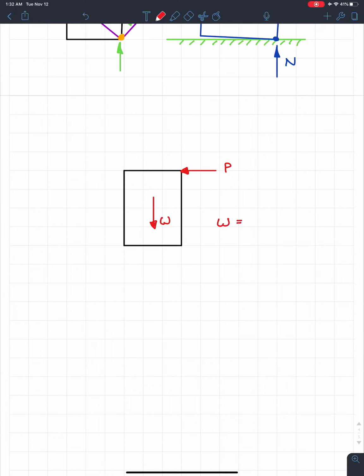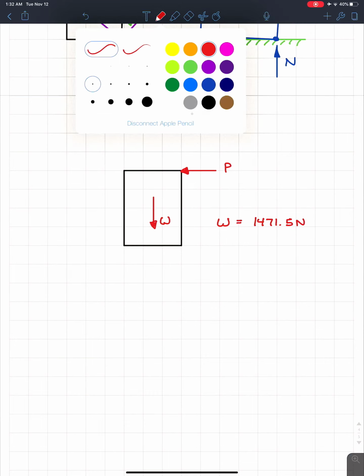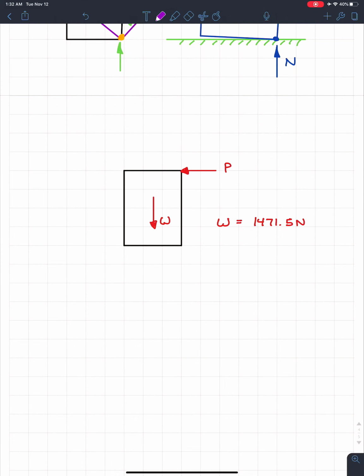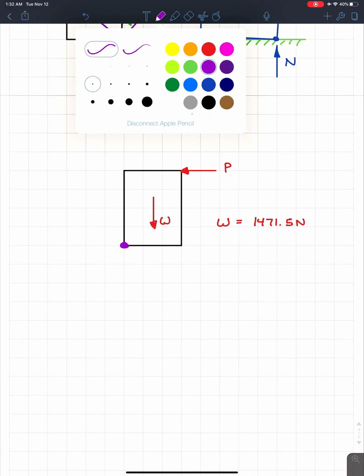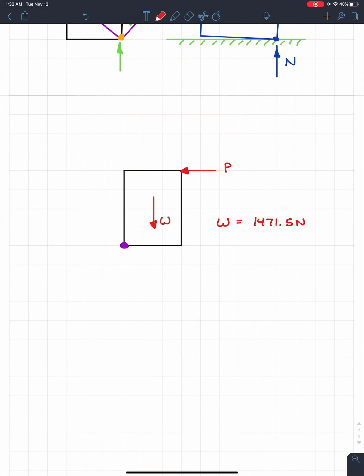And again, we know that the weight is equal to 1471.5 newtons. And then here's the thing we're going to have to realize. If we're pushing on the right side of the crate, it's going to tip about this left point right down here. So this is where we're going to put our normal force. Like this. And of course, we had friction counteracting it, going this way.